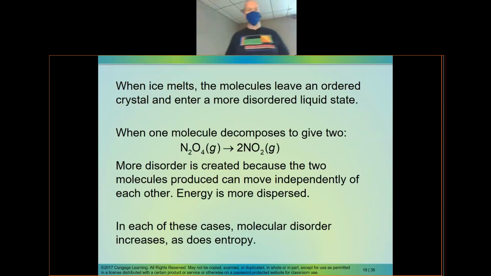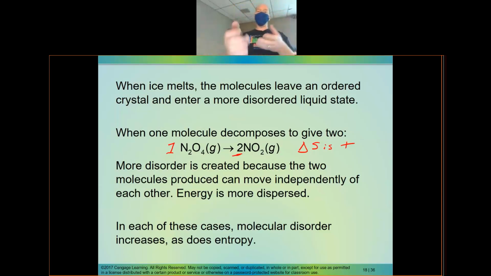Here we have another process, and this one is 1 mole of gas on the left and 2 moles of gas on the right. They are both gases, but of course, when you go from 1 mole of gas to 2 moles of gas, you have more disorder. So here you know that the delta S is going to be positive. Here is one where you cannot predict the delta H. We're not familiar with this reaction, so we cannot predict whether it is going to be negative or positive.